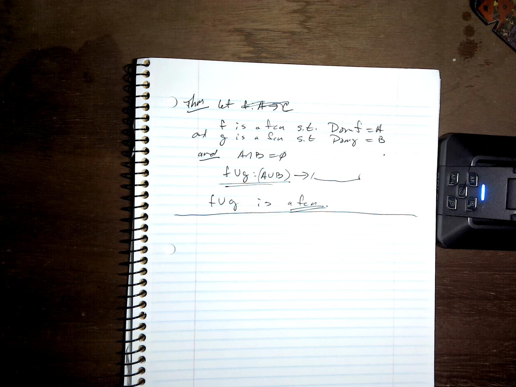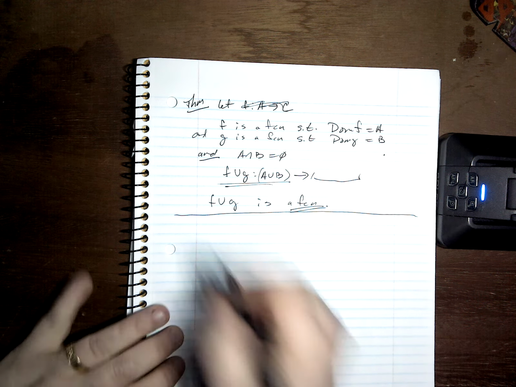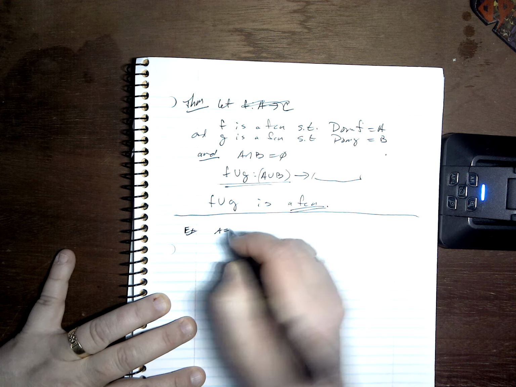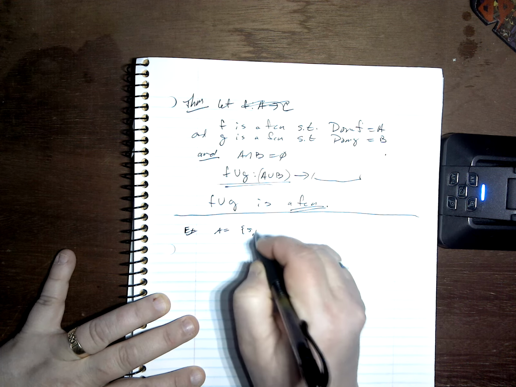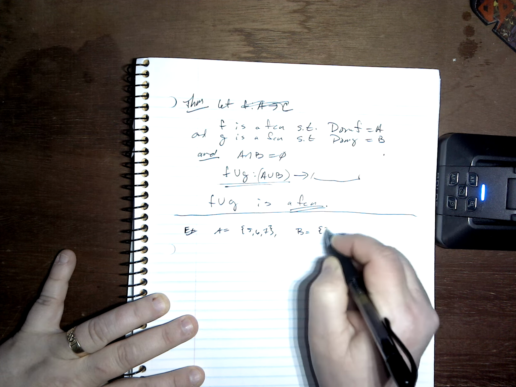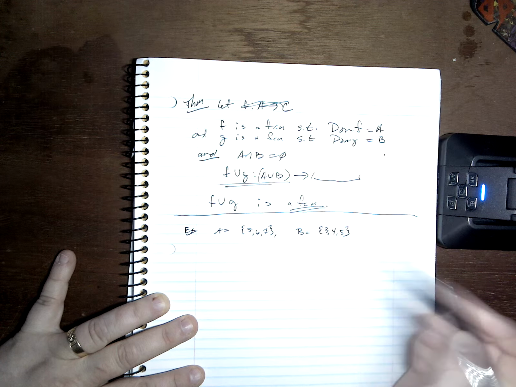Now let's think what homework I gave you that you might not have. Okay, so let's say I tell you that A is equal to 5, 6, 7, and B is equal to 3, 4, 5.